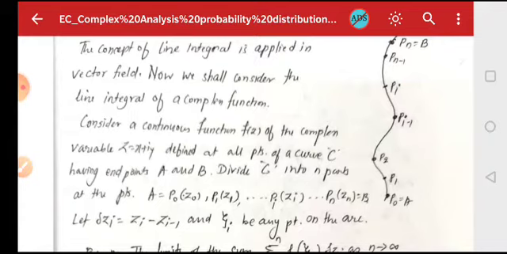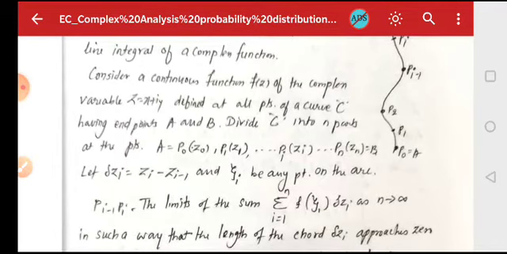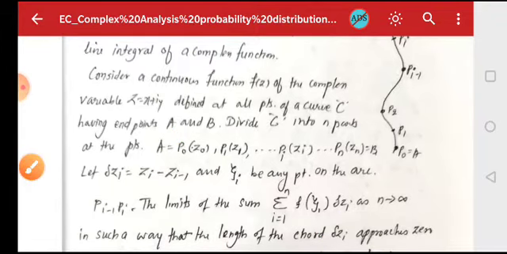You can see on the curve the points P1, P2, P3, P4 and so on, Pi minus 1, Pi and so on up to Pn. If you divide C into n parts, then A equals P0 of Z0, P1 of Z1, P2 of Z2 and so on up to Pn of Zn, which equals B.